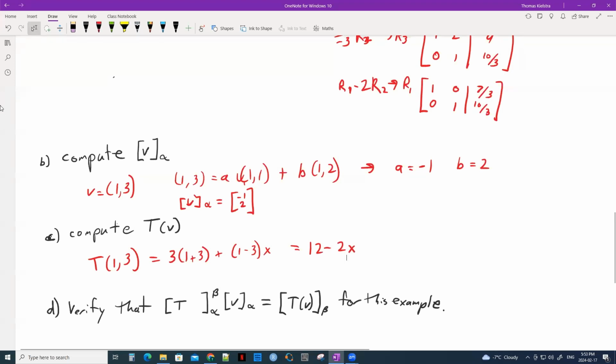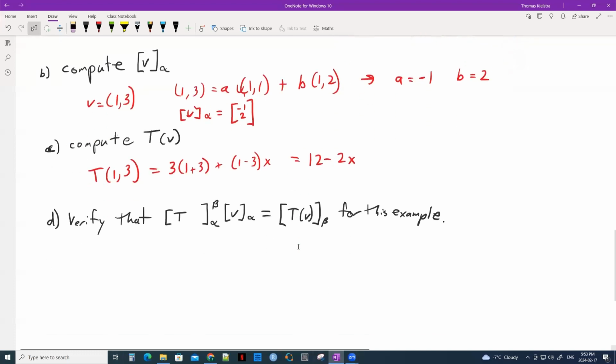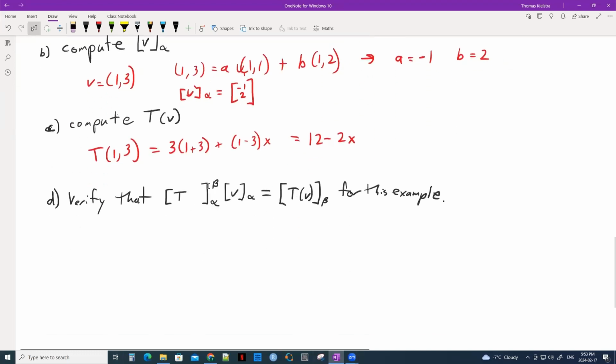And we want to verify now that T alpha beta times V alpha is equal to T of V represented using beta, or the coordinates of T and V using the basis beta. So first we're going to look at the coordinates of T of (1, 3) using beta.